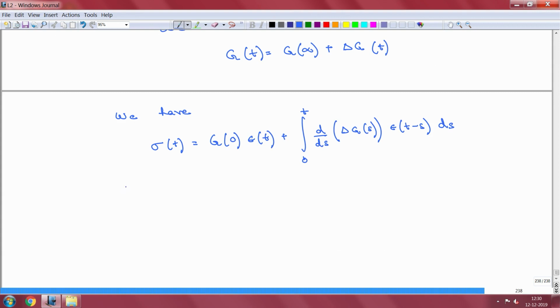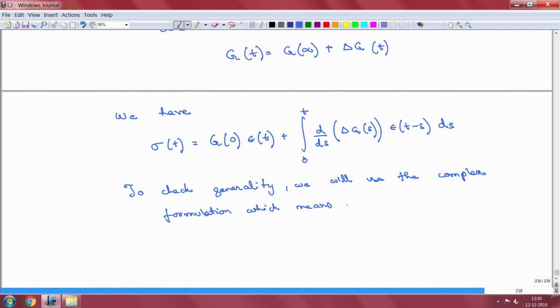So, to check generality, we will use the complex formulation, which means we will use epsilon(t) as some epsilon naught e^(i omega t).